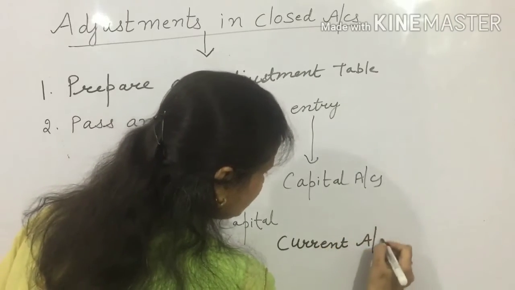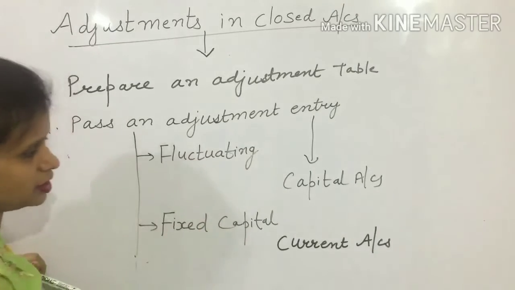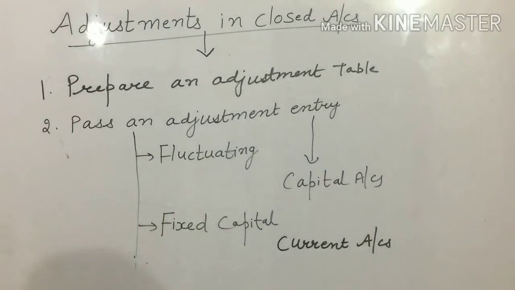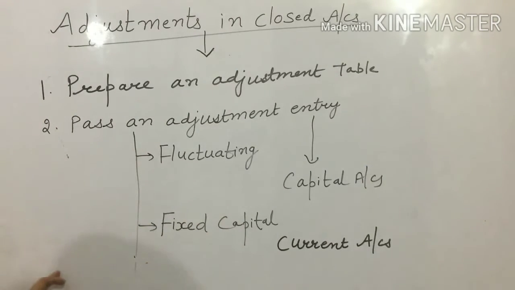And the reason is clear to all of you why we will use capital or why we will use current accounts. Because in case of fixed capital, distribution of profits, that is shown in which account? Current accounts of the partners. So adjustment will be made through current account.